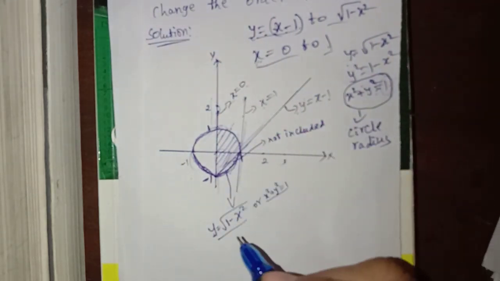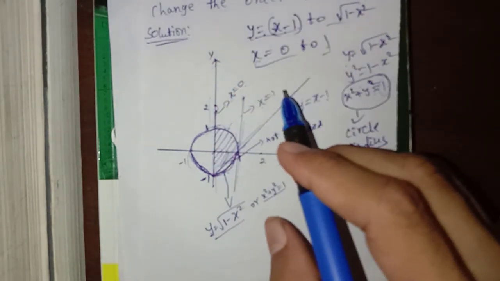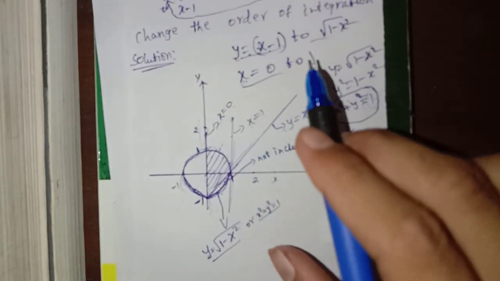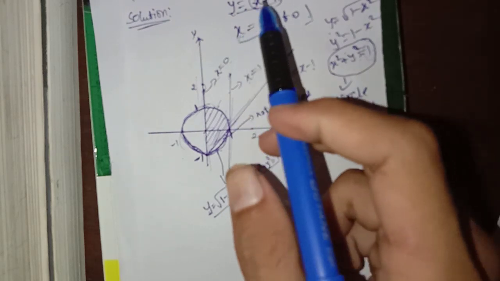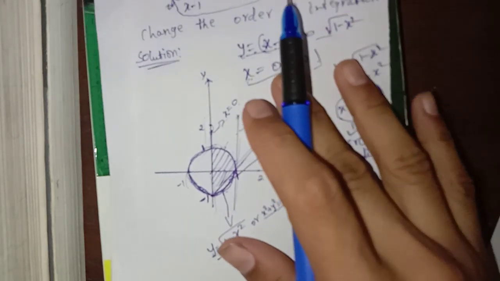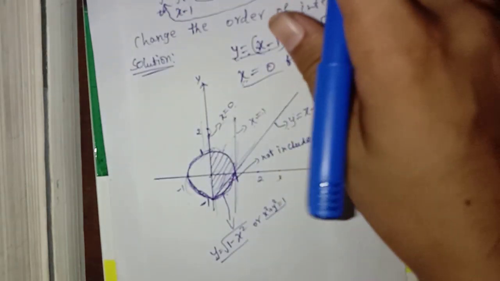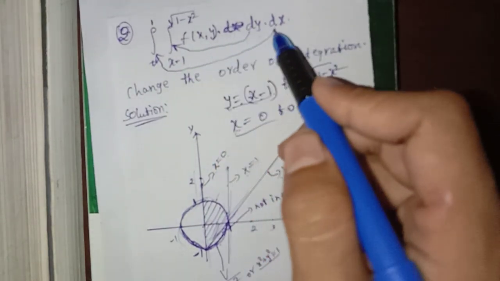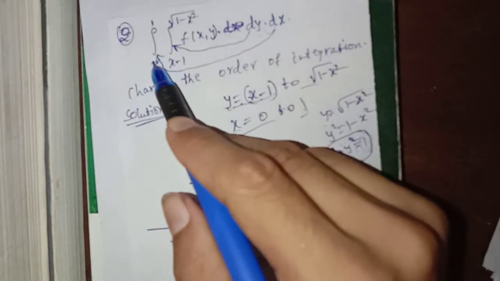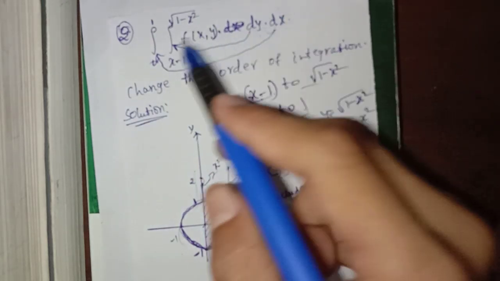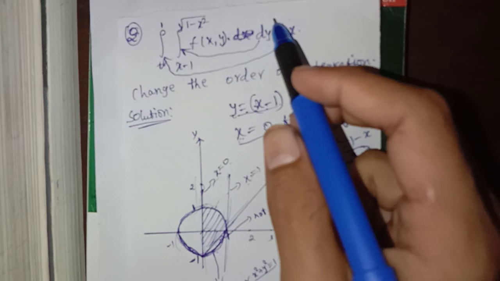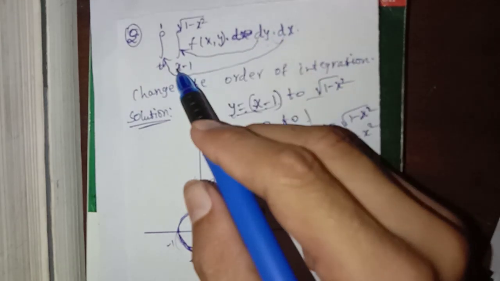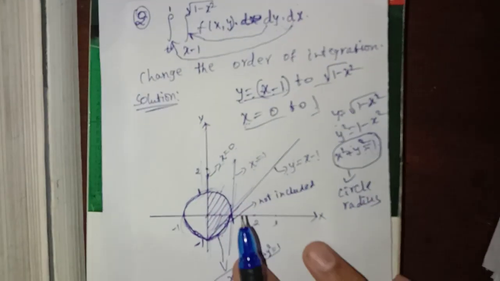For this region, we have to change the order of integration. How is it? Now they give the integral in terms of x as the variable, taking x as constant. Now we have to take a constant value for y and a variable value for x.